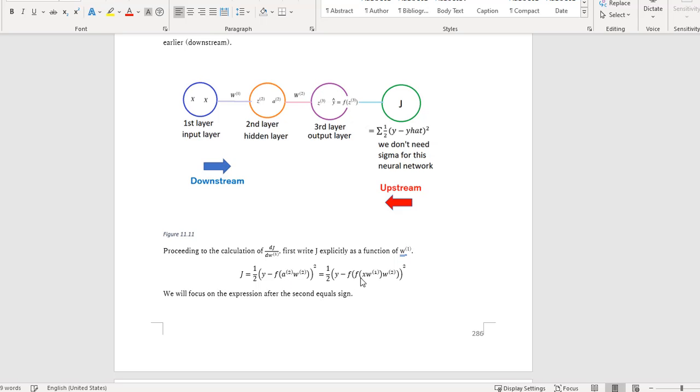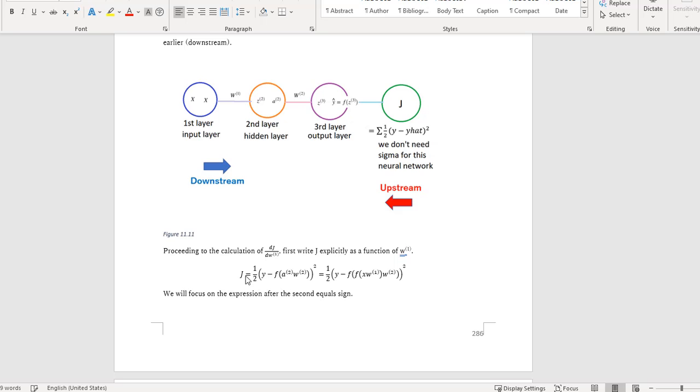But now we need to write a2 in terms of W1, which is here's what we did. X W1 is the definition, f of X W1 is the definition of a2. In other words, X W1 is z2, and then if we put z2 into f, we get the a2 here.